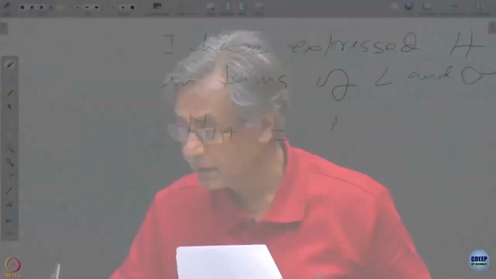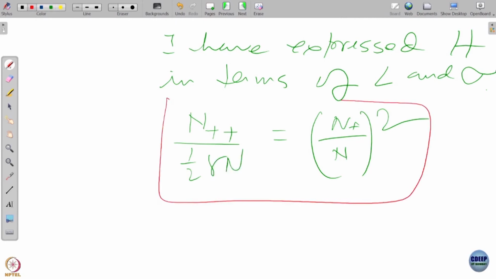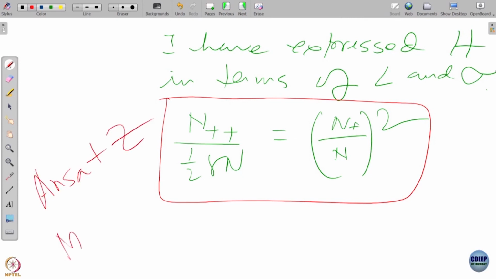Then the fraction of n plus plus would be the same as n plus by n, squared. So this is my ansatz, this is my mean field approximation.